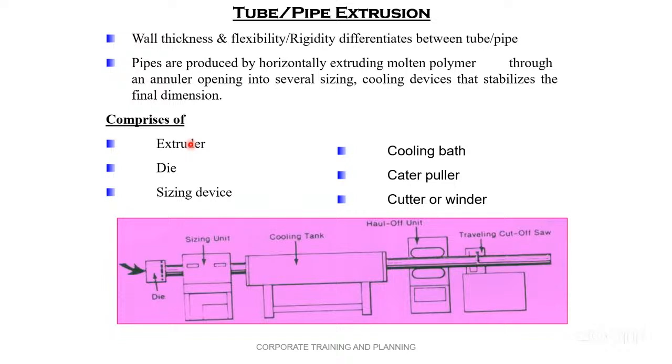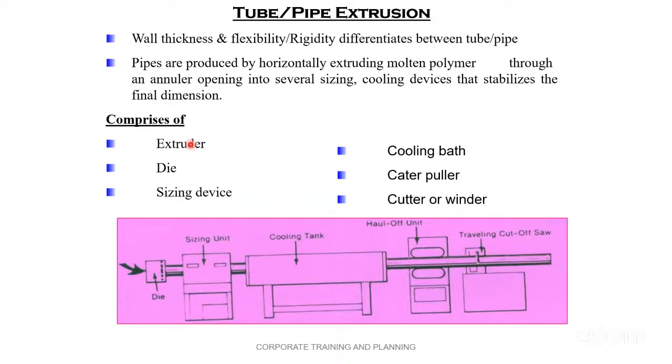Now, we can create the hollow pipe by passing air. We have already drilled a bore, a hole in the die body through the leg of the spider, and it goes straight at a 90 degree angle to the mandrel. We keep compressed air inside the pipe so that the pipe does not collapse at the exit of the die.